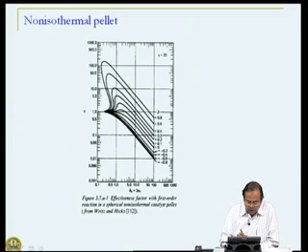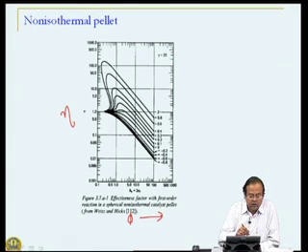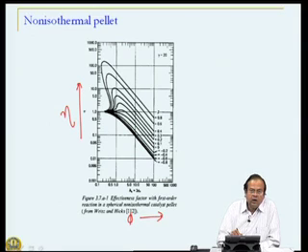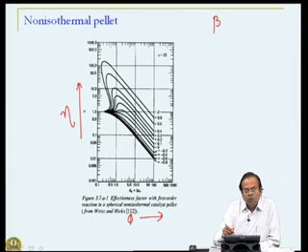So, this is our Thiele modulus on the x axis, this is our effectiveness factor on the y axis, and we characterized our reaction, whether it is exothermic or endothermic, by looking at a parameter value beta, the Prater number, which is a measure of maximum temperature rise.